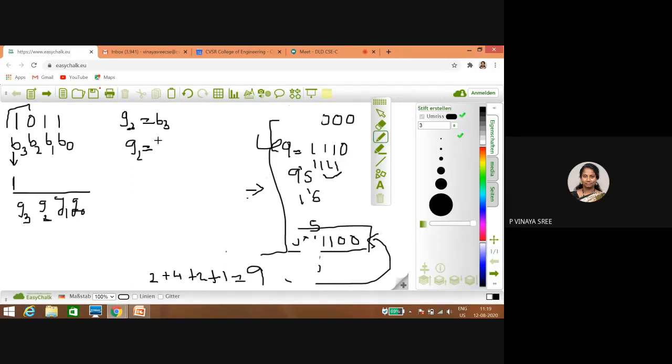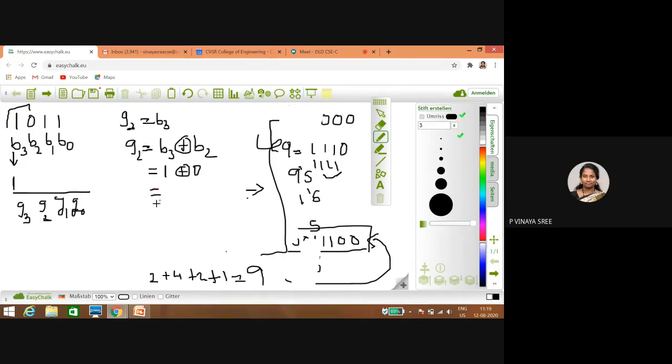So for G2, it is B3 XOR B2. What is B2 here? We have 1, and B3 here is 1, so 1 XOR 1, what will we get?